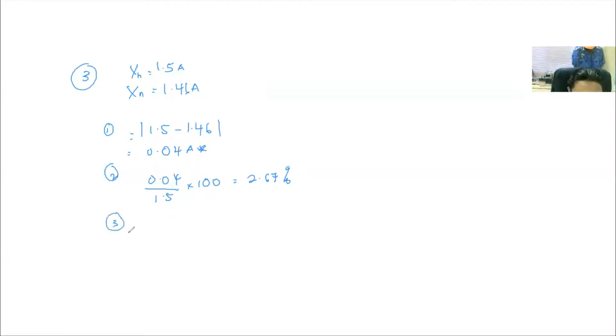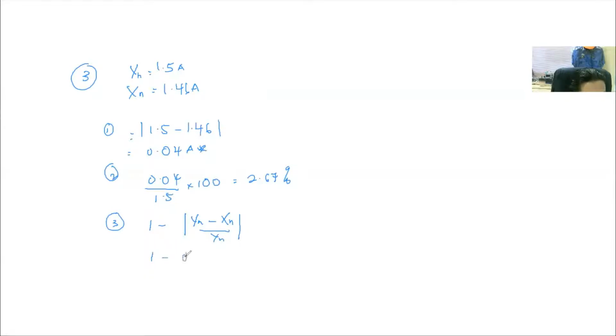Okay, now number 4 is the relative accuracy. The formula to calculate the relative accuracy is 1 minus the absolute value of (yn minus xn) divided by yn, where yn is the expected value.